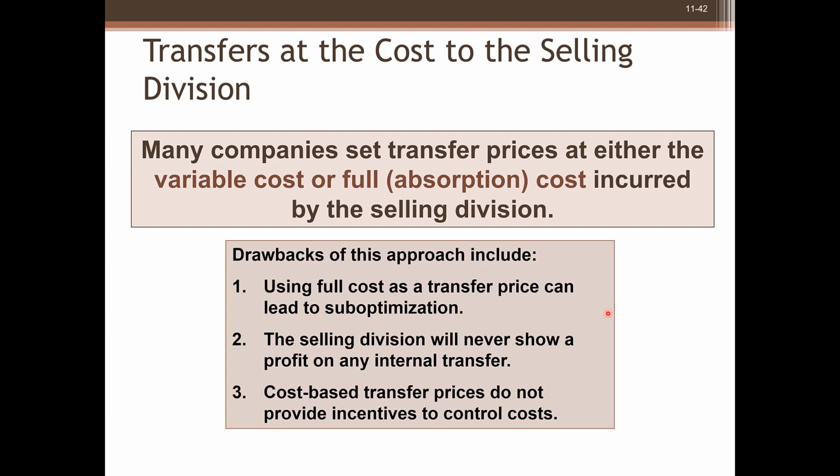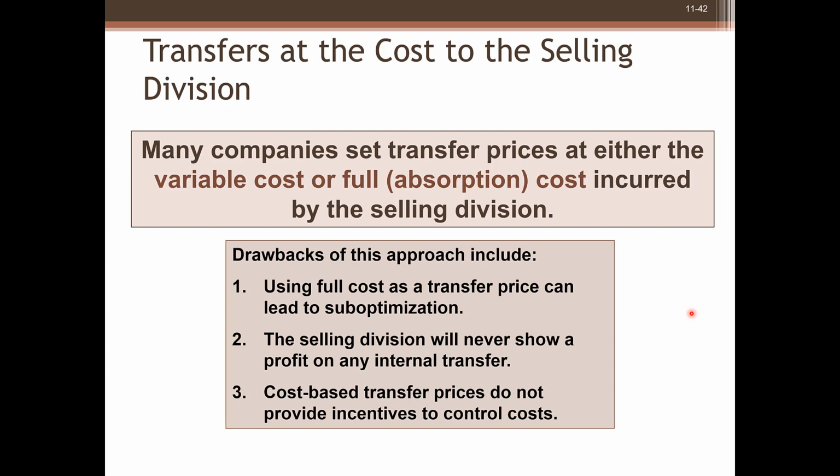First, using full cost as the transfer price can lead to sub-optimization because it does not distinguish between variable costs and fixed costs. Variable costs may be relevant to the transfer pricing decision, but fixed costs may be irrelevant.